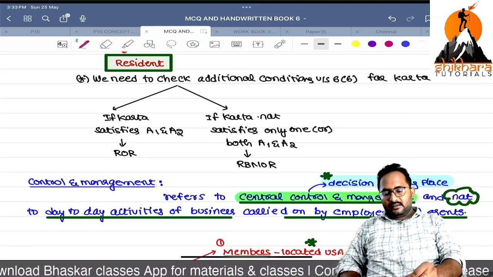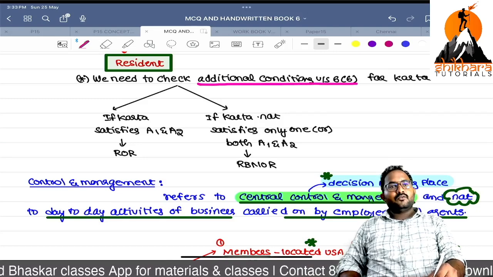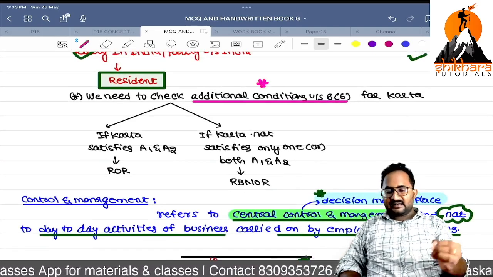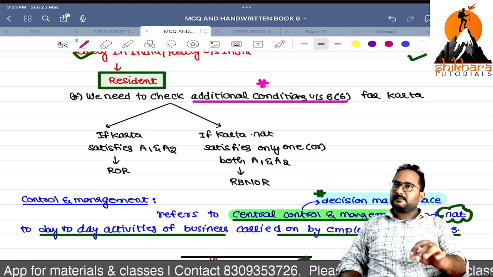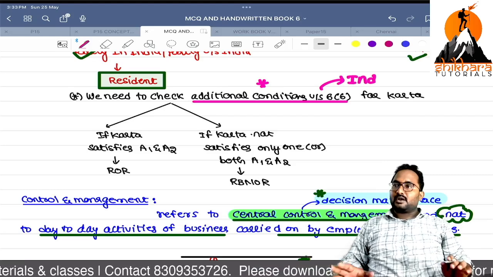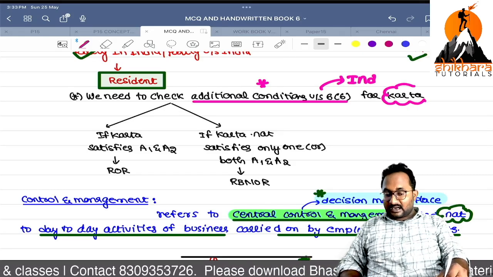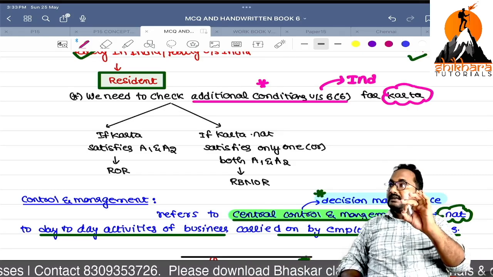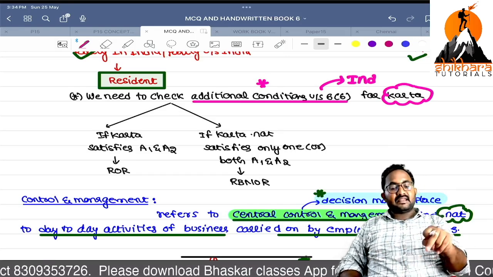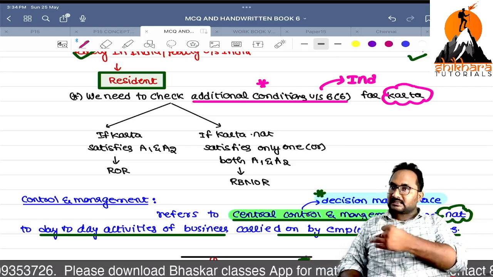Now we have to check the additional conditions for knowing the ordinary status. We have only one set of additional conditions, that is section 6 subsection 6. It is applicable only for an individual. So who is the individual here? Karta. For determining the HUF ordinary status, we apply the additional conditions to the Karta.